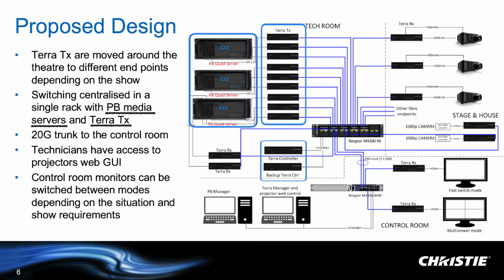And in-house, there are 3 projectors here with the Terra receivers, and so there are multiple points around the stage and house. There's an HDMI 4K cable just going to each projector from the receiver, and also Ethernet as well, which gives them control. So it's a single fiber cable that we're using to send the video and Ethernet.